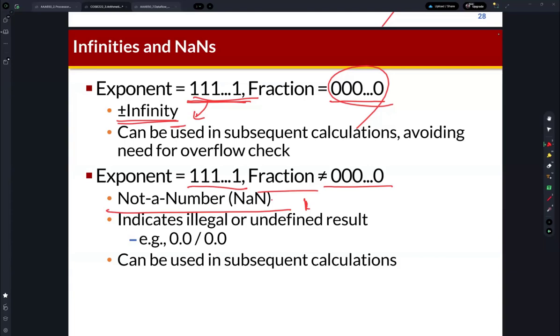Sometimes we cannot represent some equations, for example, divide by 0. We cannot represent divide by 0, so in this case we use not a number. So if the exponent is all ones, it is used for representing infinity, very large numbers, and not a number.